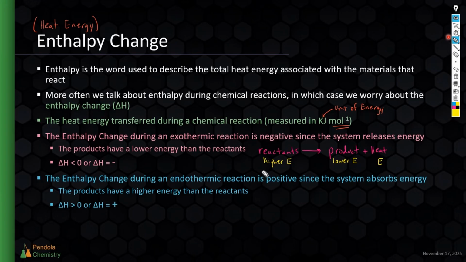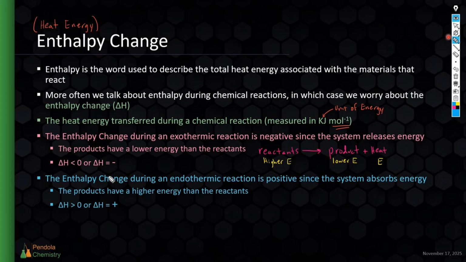So we go from reactants that have a higher energy state to products that have a lower energy state. And because we're going from a higher energy to a lower energy, we produce heat, which is a form of energy. That's where the extra energy is going. And so delta H for an exothermic reaction is always going to be negative, or below zero, because we're giving off energy. The system is losing energy, and that's why it's negative.